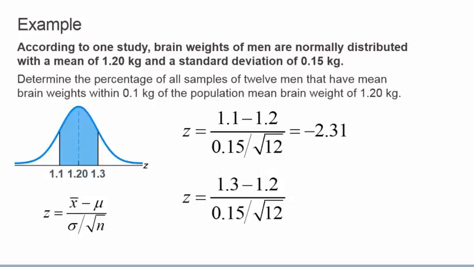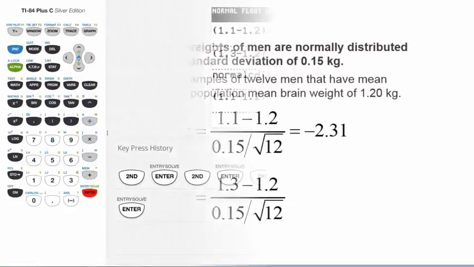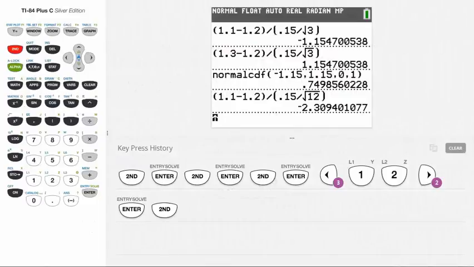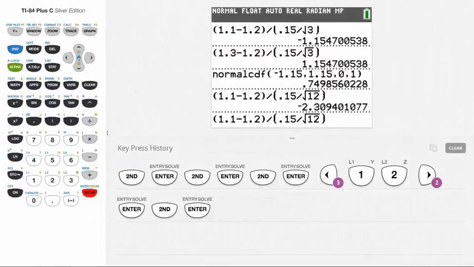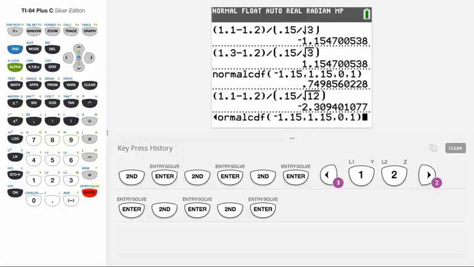Substituting the 1.3, z equals 1.3 minus 1.2 divided by 0.15 divided by the square root of 12. Heading back to my calculator, press second, enter, then second, enter again, then second, enter for a third time, so that I have my parentheses 1.3 minus 1.2, then divided by parentheses 0.15 divided by the square root of 3.